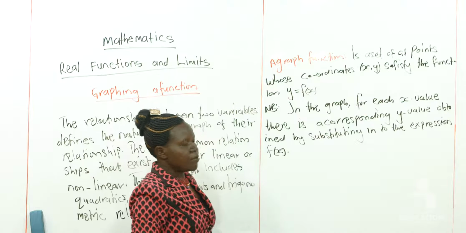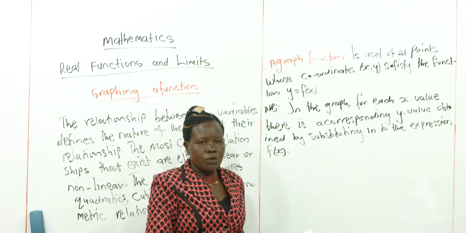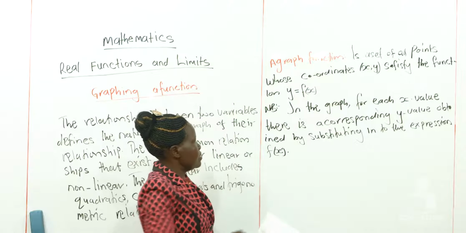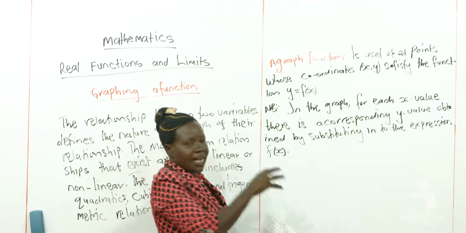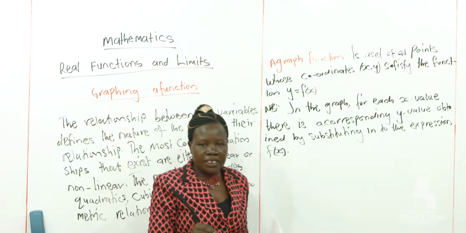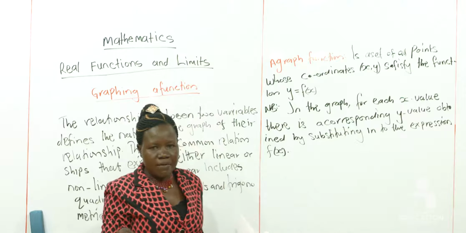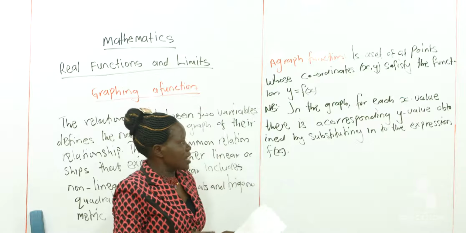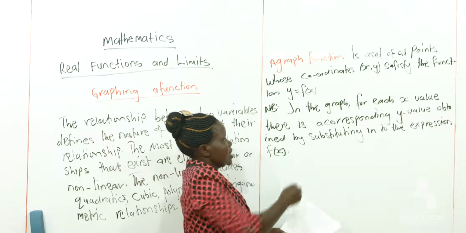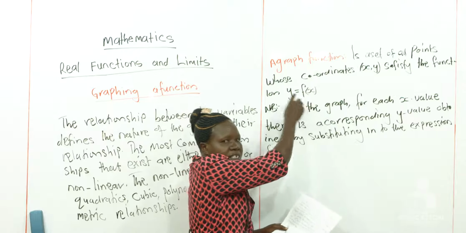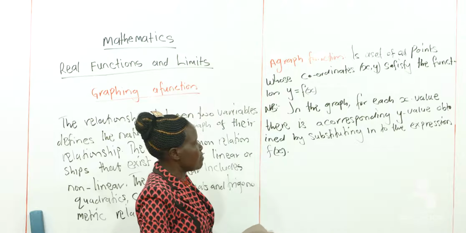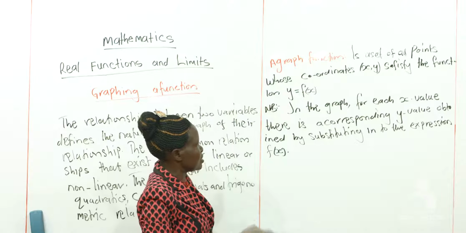For you to get the coordinates, you should know the coordinates of x and of y, and check whether they satisfy the rule which is given. Then you say it is a graph function if it is satisfying.